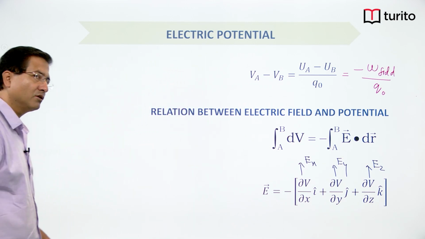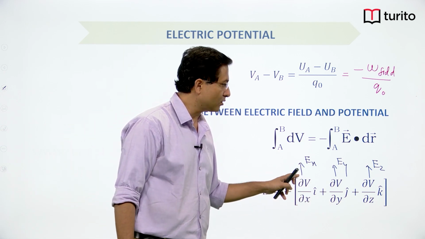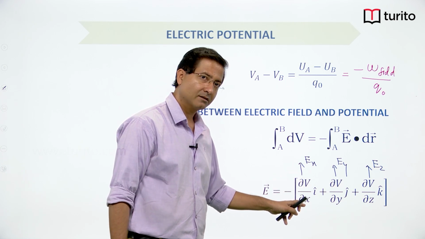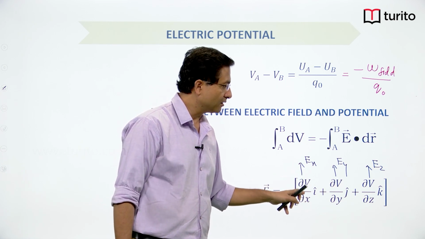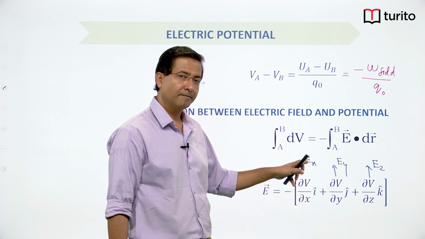Partially, if you differentiate potential with respect to x, this is not dV by dx, this is del V by del x. Partial differentiation of V with respect to x will give you the x component of the field.